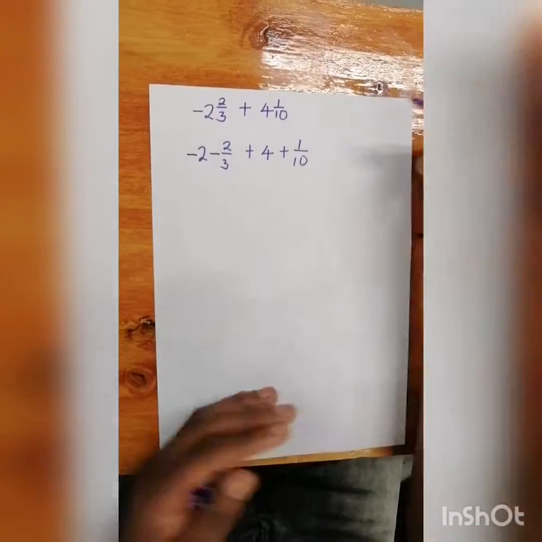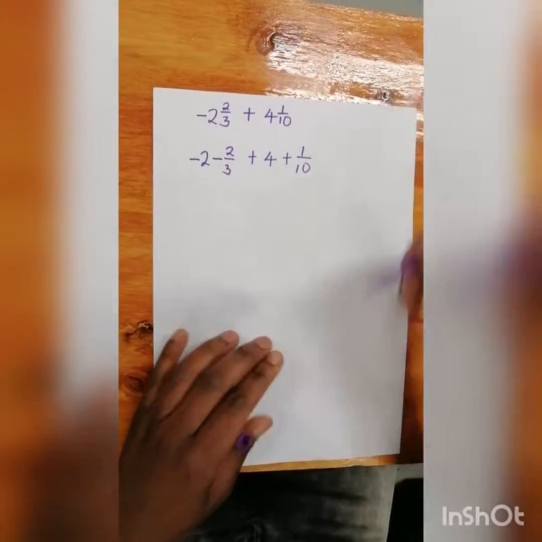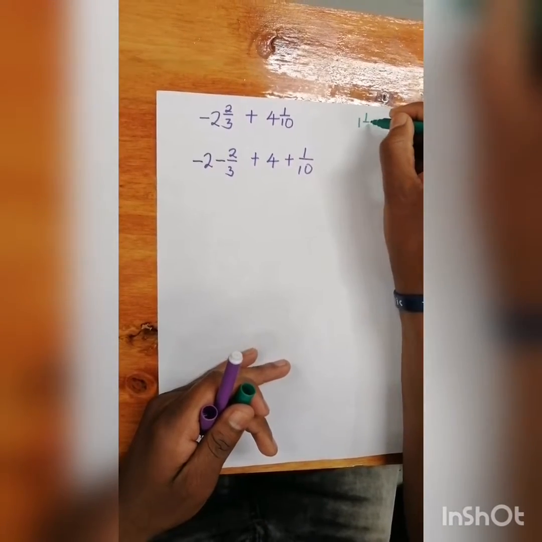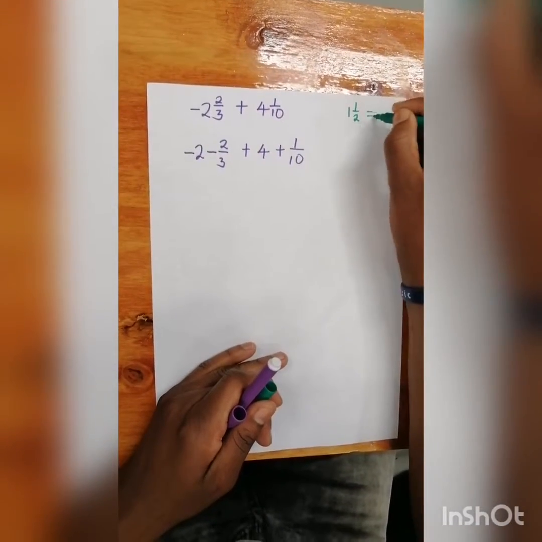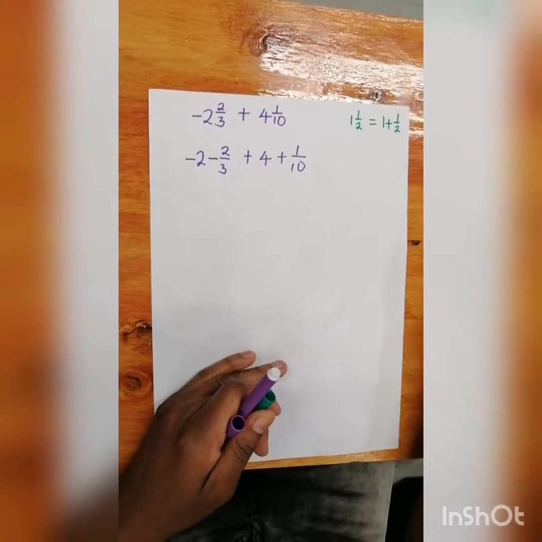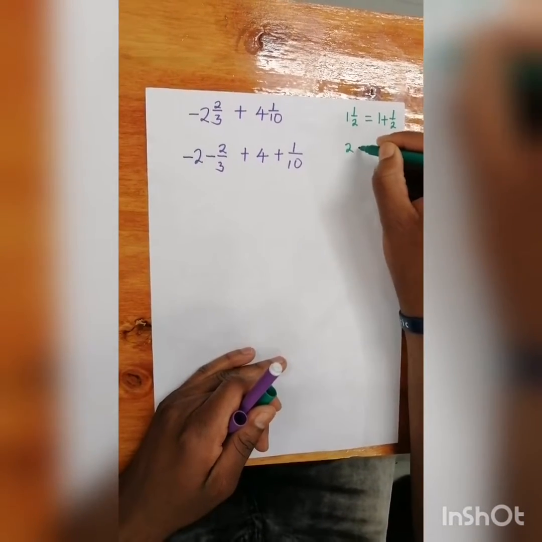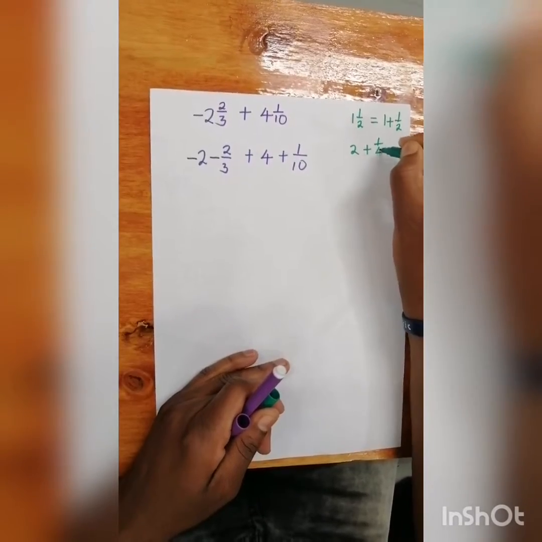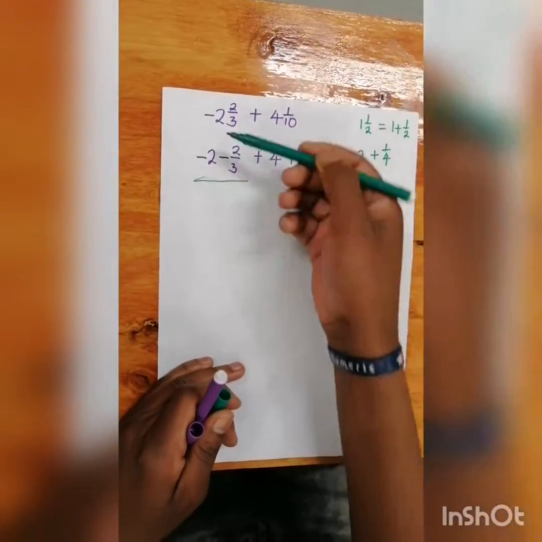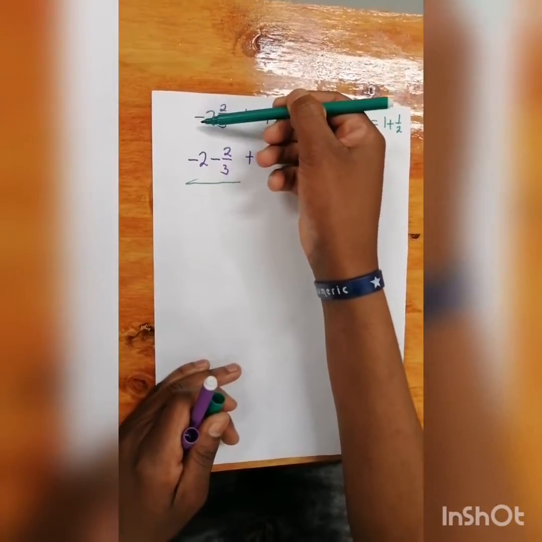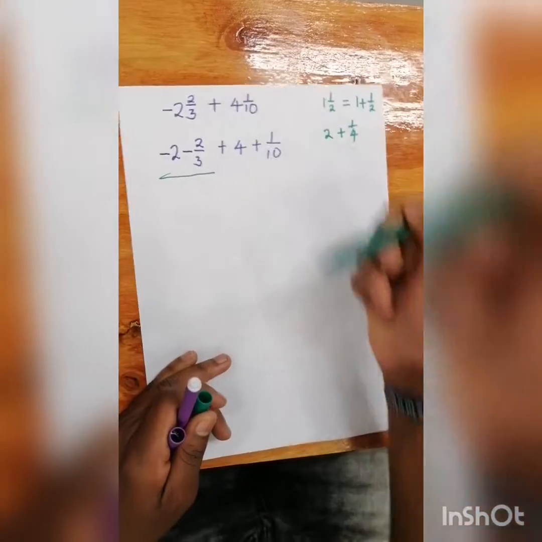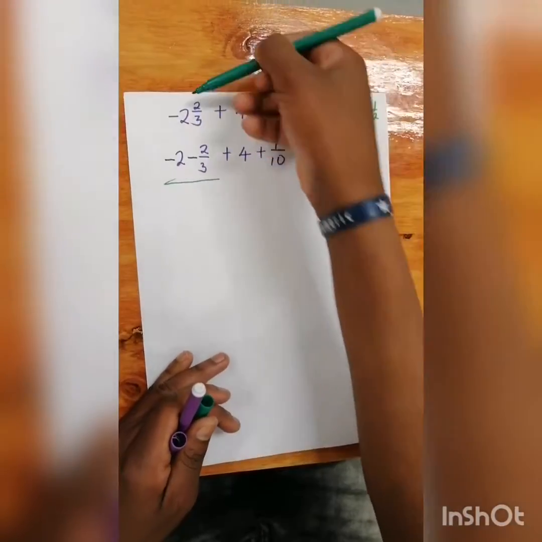Remember, 1.5 is the same as 1 plus a half. Even 2 1/4 is just 2 plus 1/4. But this one is a special case because the sign at the beginning is negative, so you're expecting to be subtracting, such that you get the very same answer at the top.